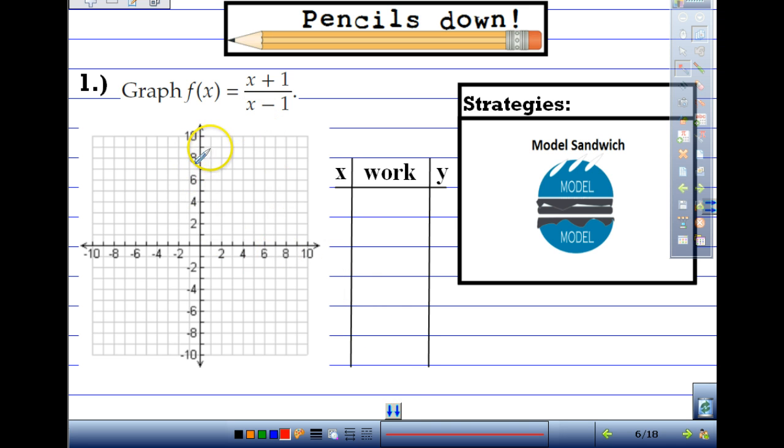On your graph, you got positive 1, and it's going to be the middle of your table here. Plug in 1. If you show the work, you get 1 plus 1 over 1 minus 1, which equals 2 over 0. You can say undefined, or you can put VA for vertical asymptote.